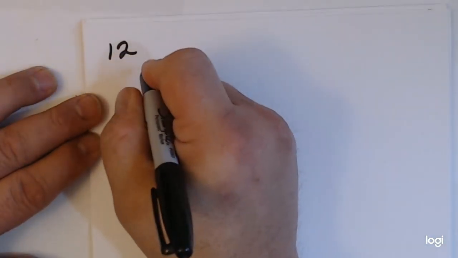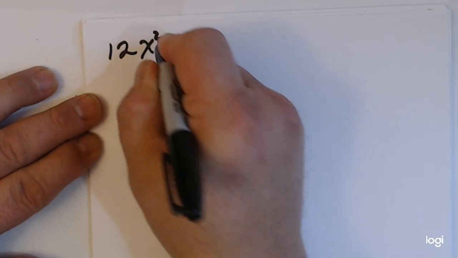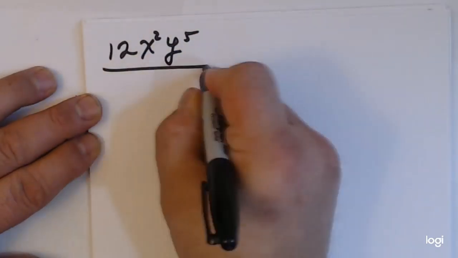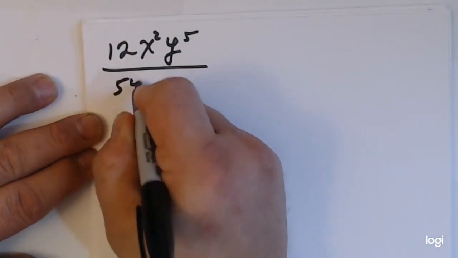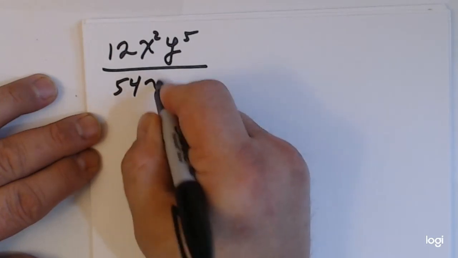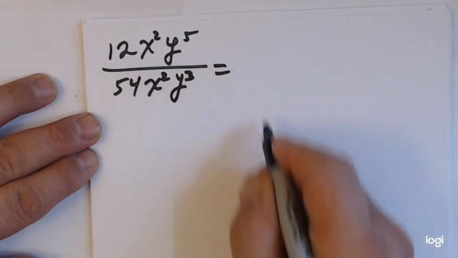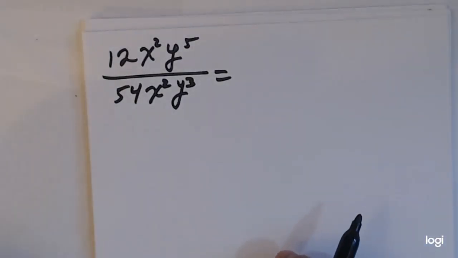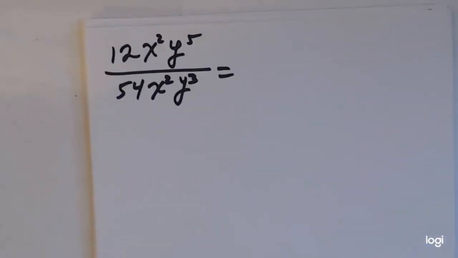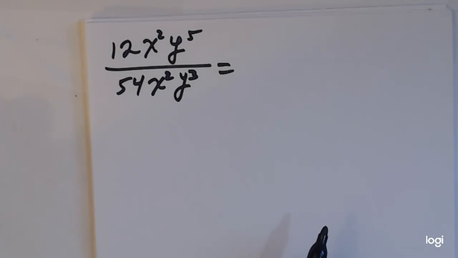All right, we've got 12x squared y to the 5th over 54x squared y cubed. Well, let's see here.